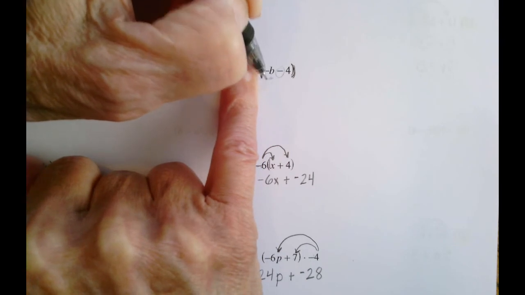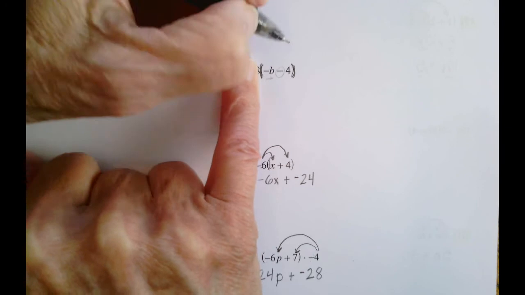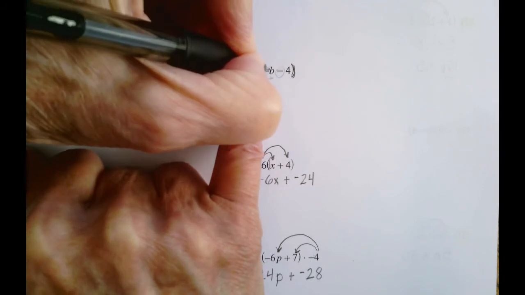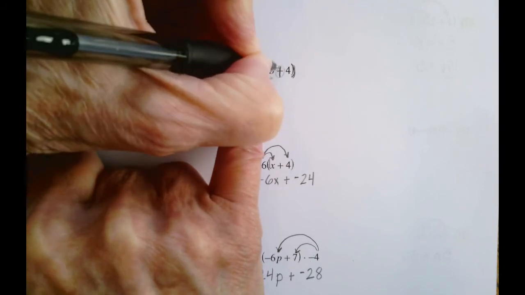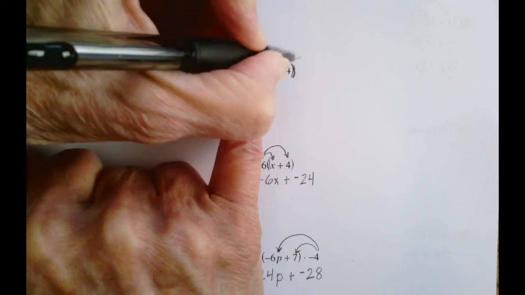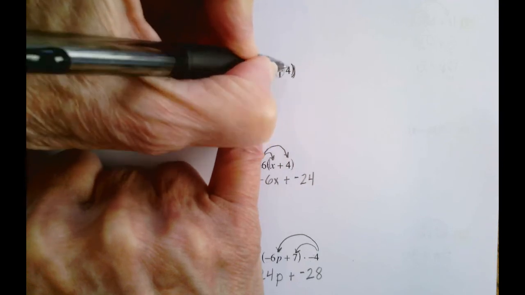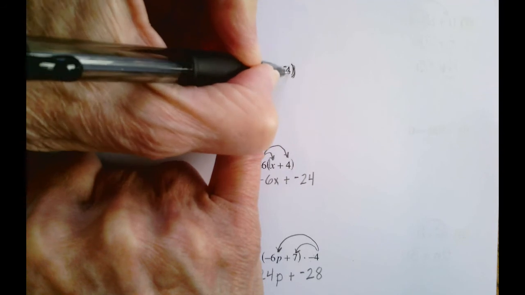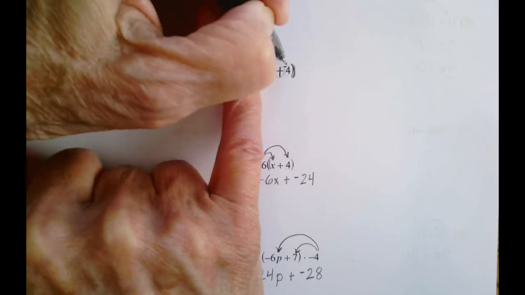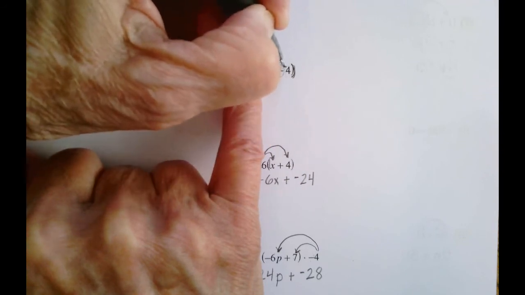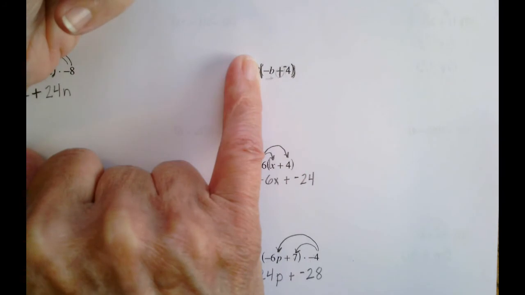This is called the minuend, by the way. So I leave this alone. I change the subtraction sign to an addition, which means I have to change the sign on the next number, which is the subtrahend, to its opposite. So it's going to become a negative.